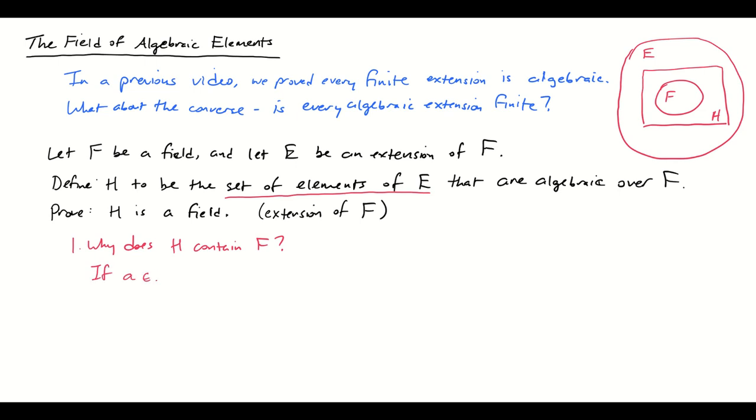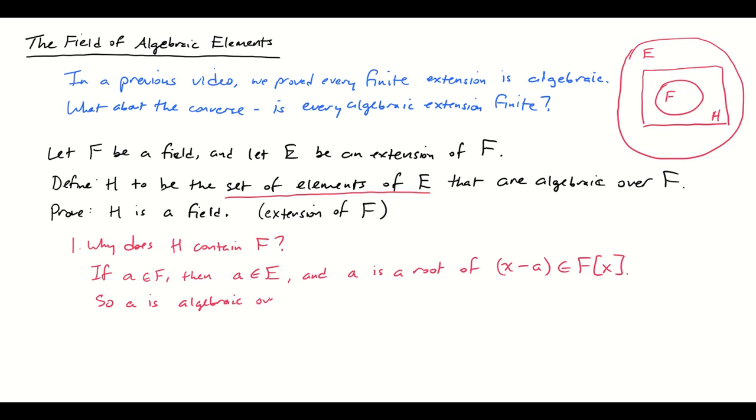If a belongs to F, then certainly a belongs to E because E is an extension of F, and a is a root of the polynomial x minus a, which is in F[x]. So a is definitely algebraic over F. So in other words, everything in F is algebraic over F.